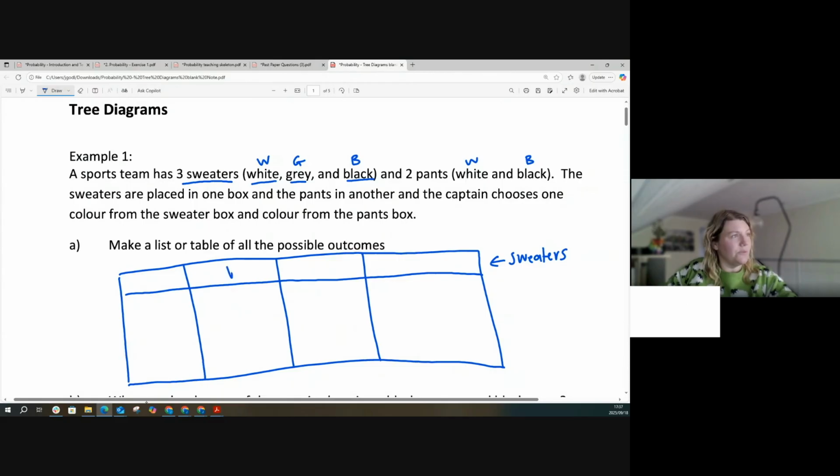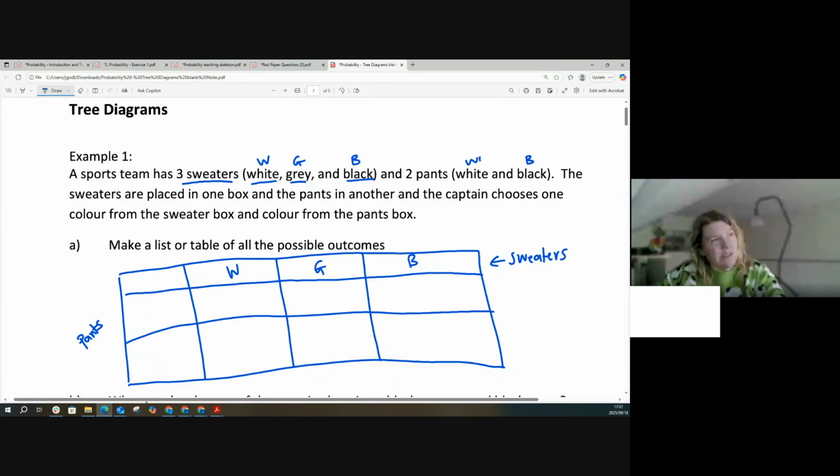We've got white, gray, and black. And then we have our pants. So I'm going to call this white pants, black pants, so that I know what I'm talking about. Okay, this is my contingency table.